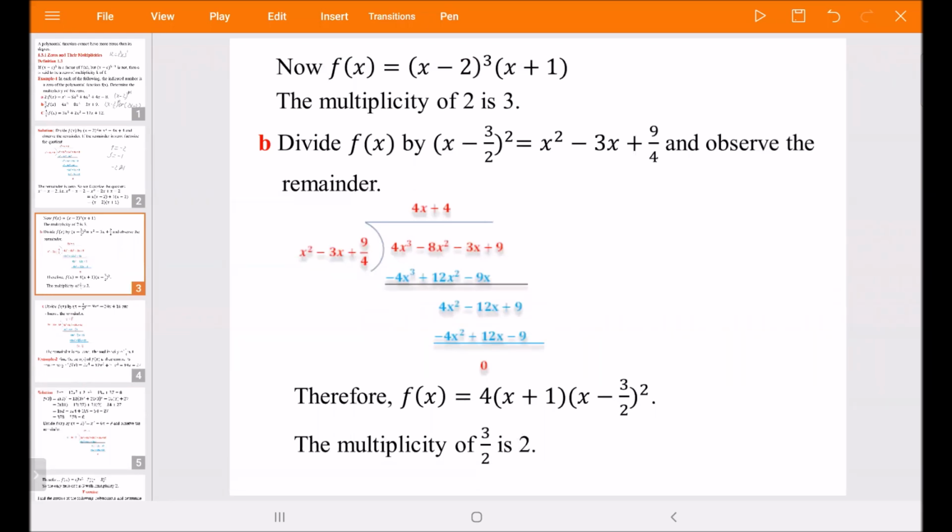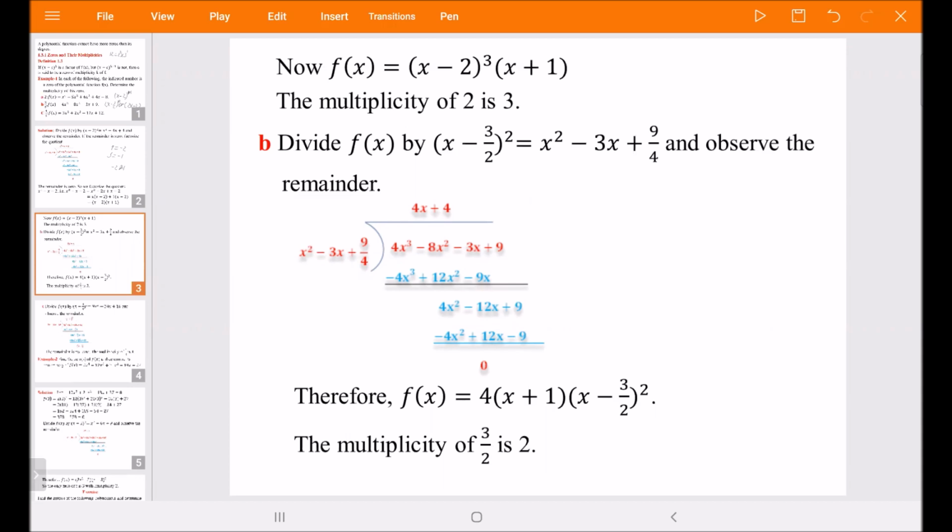Now, because we are asked to determine the multiplicity of 3 over 2, or the multiplicity of the factor x minus 3 over 2, this question is the same as asking what is the power of x minus 3 over 2 in the final polynomial f of x, after writing f of x as a product of its factors.